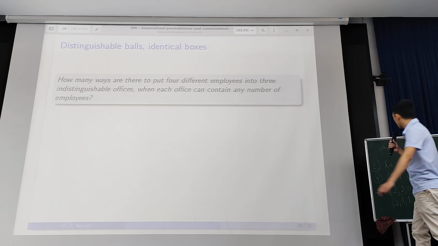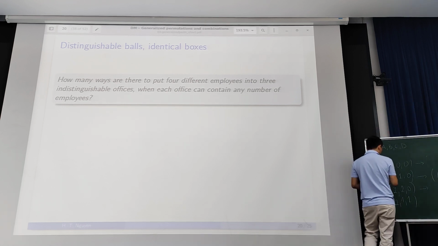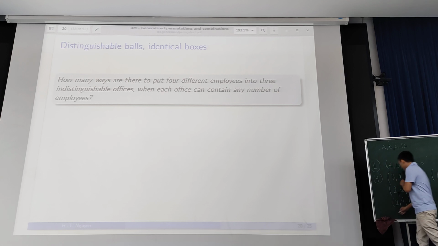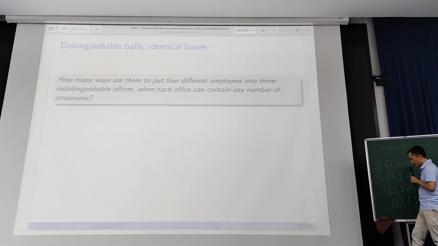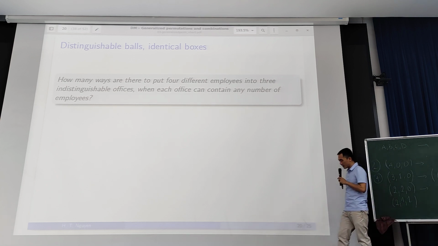So you have A, B, C, and D. Okay, and you want to put them into 2 places in the first office, 2 places in the second office, and in the third office, you leave it empty.